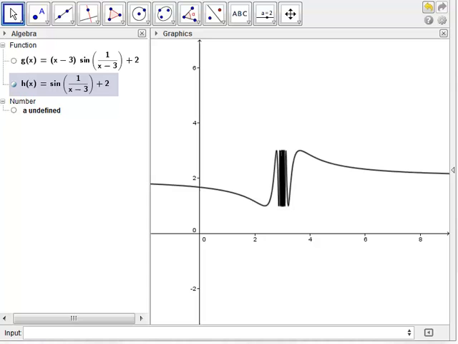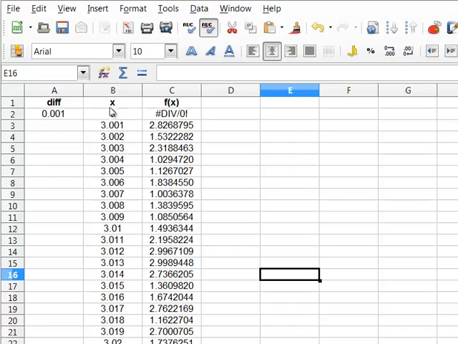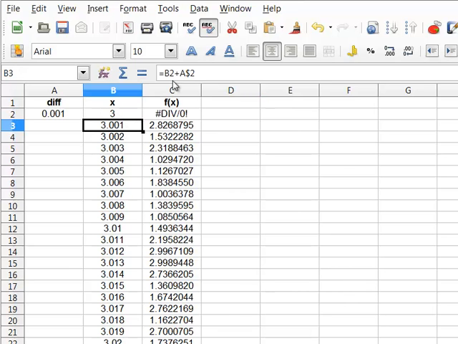Let's do this one numerically as well. This is a good one to check out using a spreadsheet. Okay, here I've taken the limiting value, and I'm only looking at values on the right-hand side, coming in from the right. You could equally well do this by coming in from the left. So this is 3, this is 3 plus that little difference, and that's the increment between these, okay?